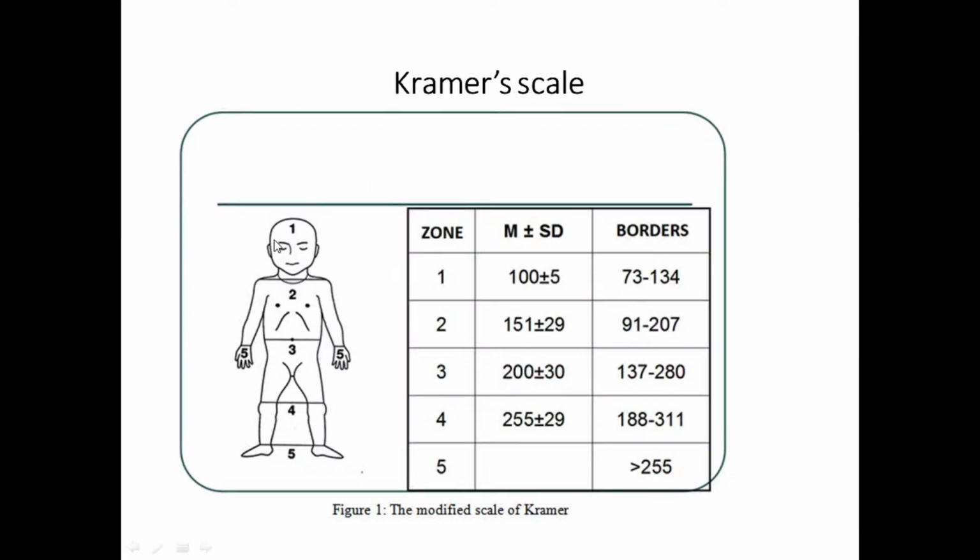If the yellow color is in the first area, it is maybe 100 micromole per liter of bilirubin. The second area is about 150, the third area is about 200, the fourth area is about 255 and more, and the fifth area is more than 255.